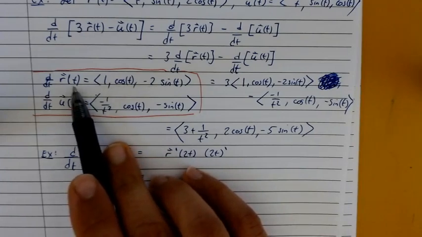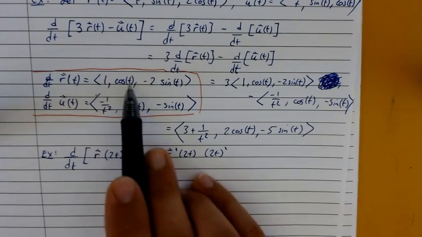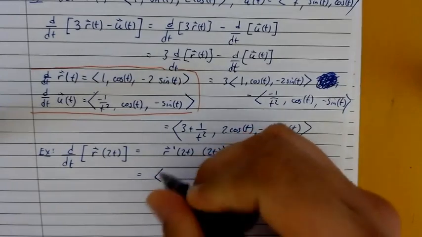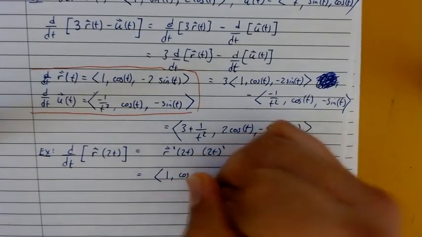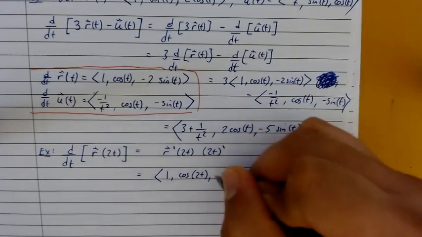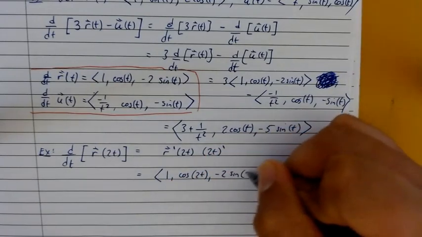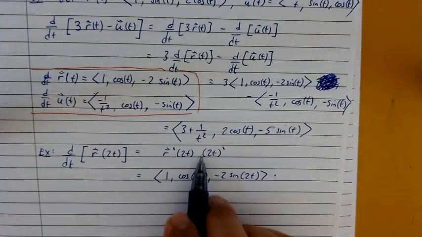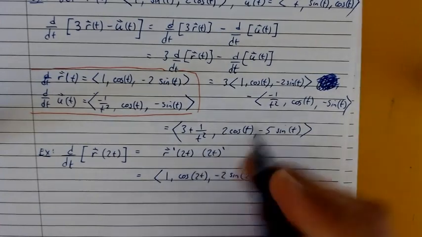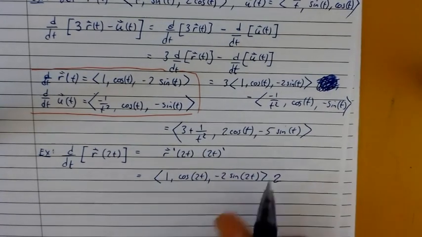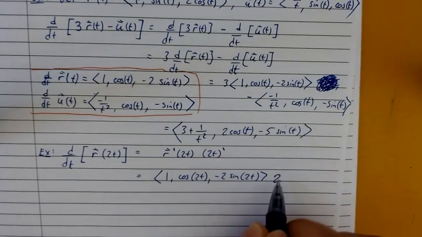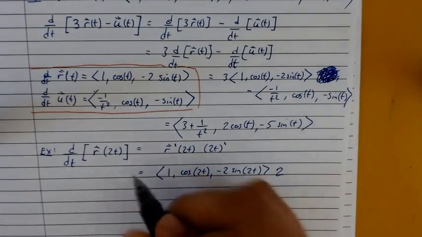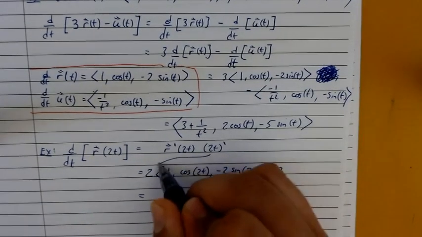So r prime of 2t would make, well, that's a constant, leave that alone. Both of these would be 2t. So this would be 1, comma, the cosine of 2t, comma, negative the sine of 2t. But now that would need to be multiplied by the derivative of 2t, which is just the number 2. Oh, that's a scalar. So that scalar can now be distributed throughout my vector. Normally we'd have the scalar up front, and maybe we should do that here as well.